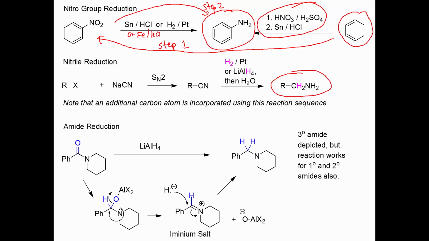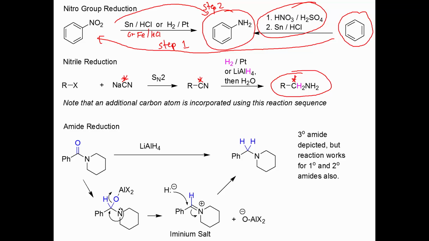Another important thing to note is that an extra carbon is incorporated. So you gain a carbon when you make an amine this way. This is different than the azide. So use the nitrile when you want to add a carbon. Use the azide when you want to keep the same number of carbons.